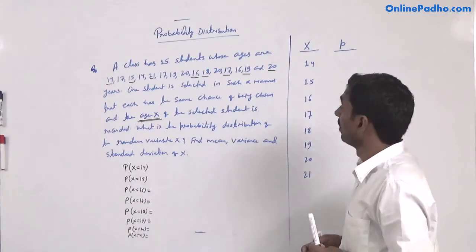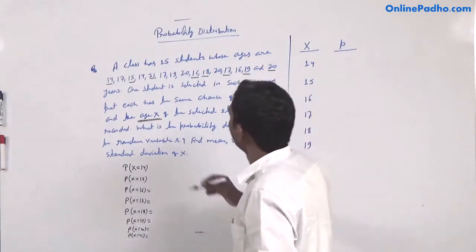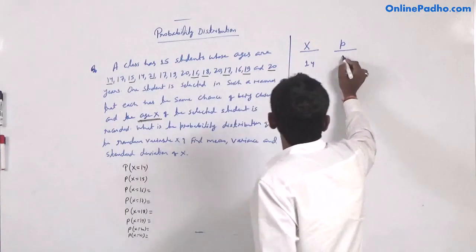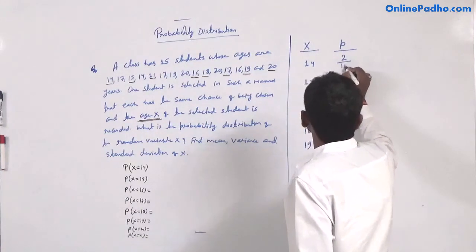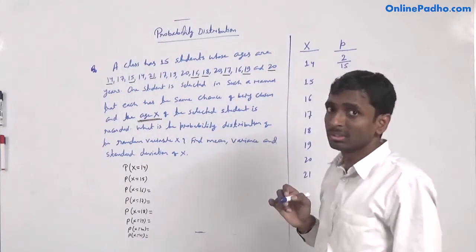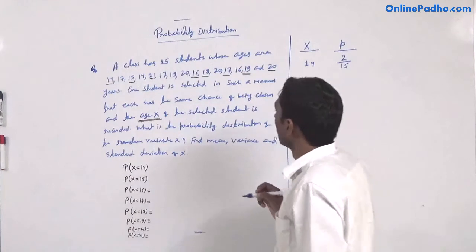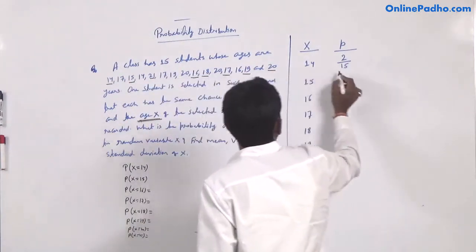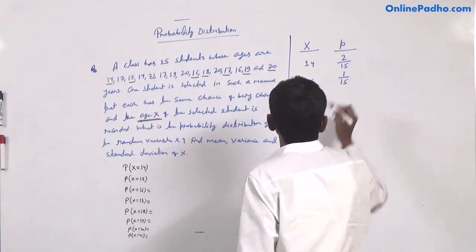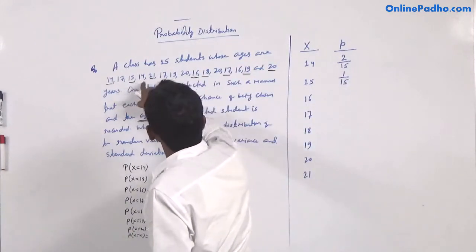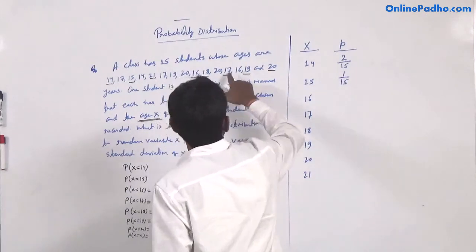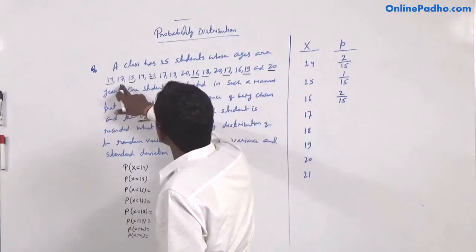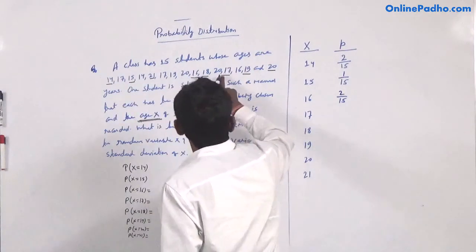So what is the probability of 14? How many 14s are there? 1, 2, so it will be 2 by 15, because we have a total of 15 students. What is the probability of random variable 15? How many 15s? 1 only. It will be 1 by 15. 16: 1, 2, it will be 2 by 15. What about 17? 1, 2, 3.